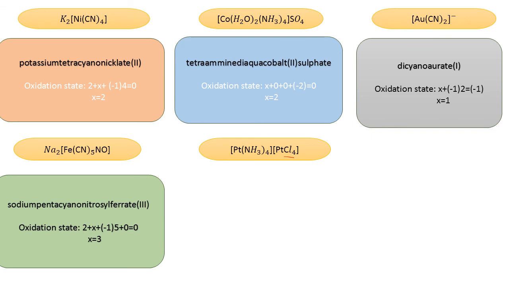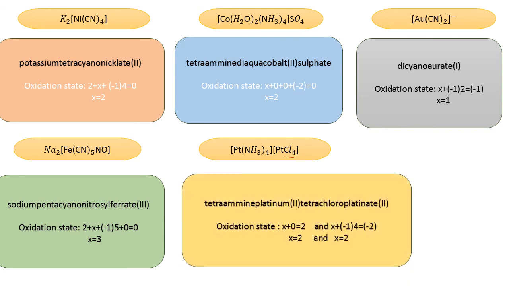Ferrate, because the coordination sphere is an anion. Next, the oxidation state: charge of sodium is 2 plus, ferrate is written as X, plus the charge of cyano is minus 1 into 5, plus 0, the charge of nitrosyl, which is equal to 0. Then X is equal to 3.